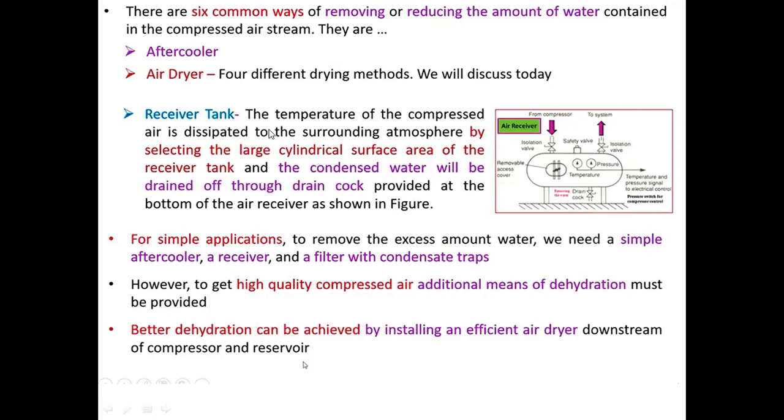Receiver tank: the heat of the compressed air is dissipated to the surrounding atmosphere through the large cylindrical surface area of the receiver tank, and the condensed water drains off through the drain cock provided at the bottom of the air reservoir, as shown in the figure.